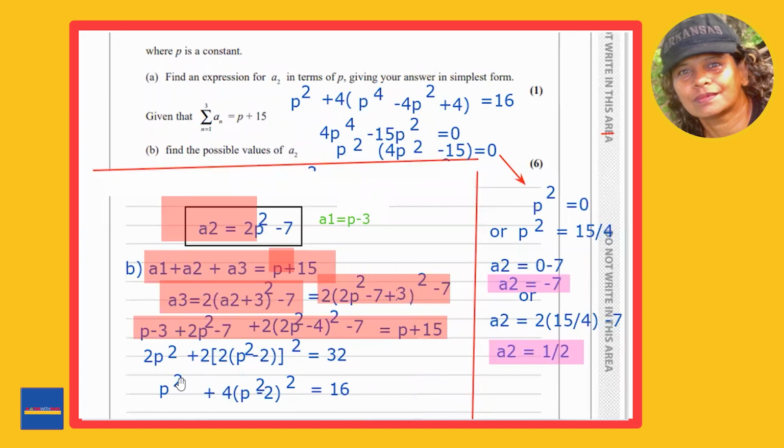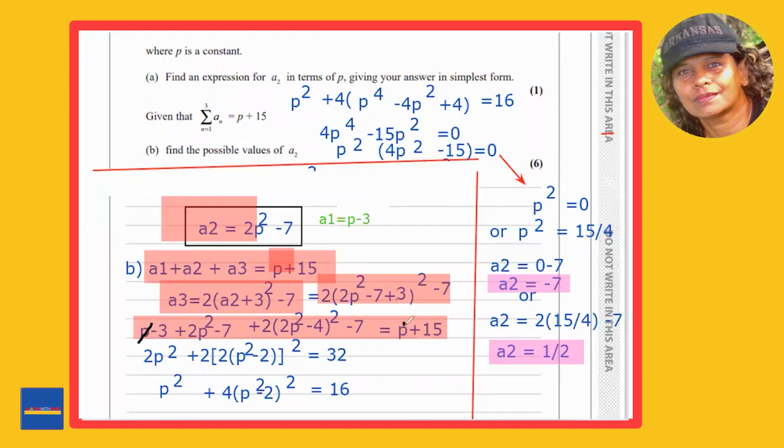All right. So here we have 2P squared, and then we have a plus 2 into (2P squared minus 4) squared. We have a P on this side, so I'm going to cancel the P on this side with the P on the other side.